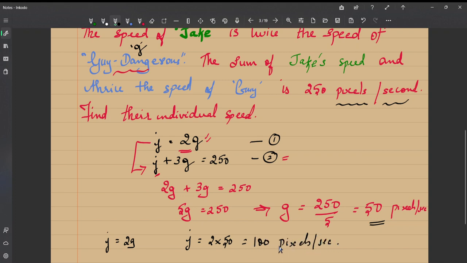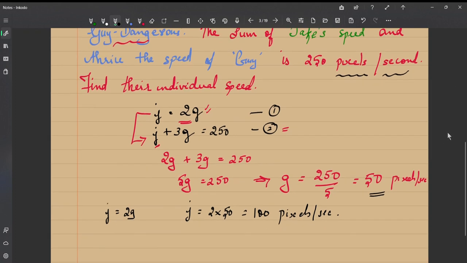That is, Jake appears to run at 100 pixels per second, and the apparent speed of Guy Dangerous, the Temple Run character, is 50 pixels per second.